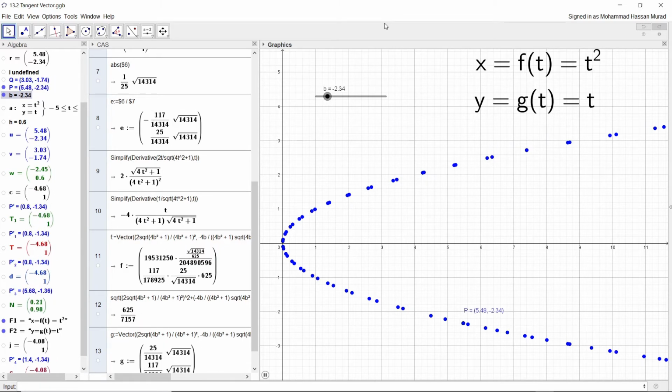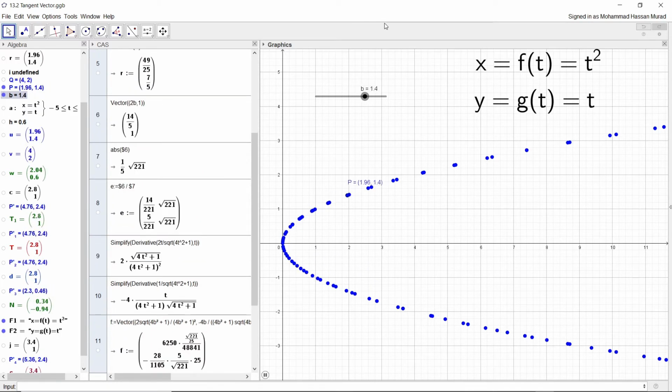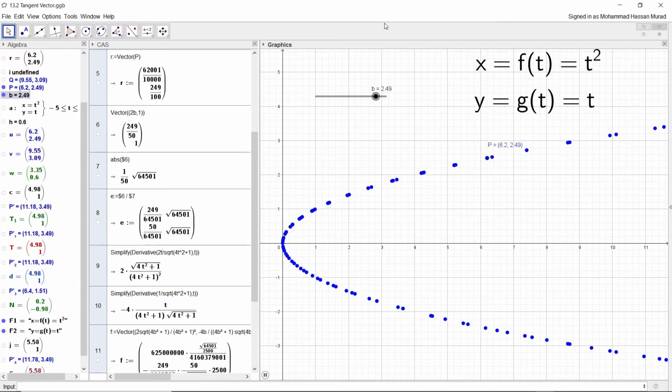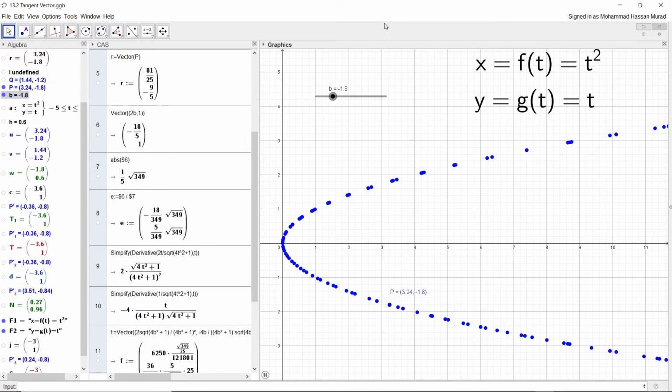The point has x coordinate equal to f of t, which is t squared, and the y coordinate of the point P is given by the function g of t, which equals t.